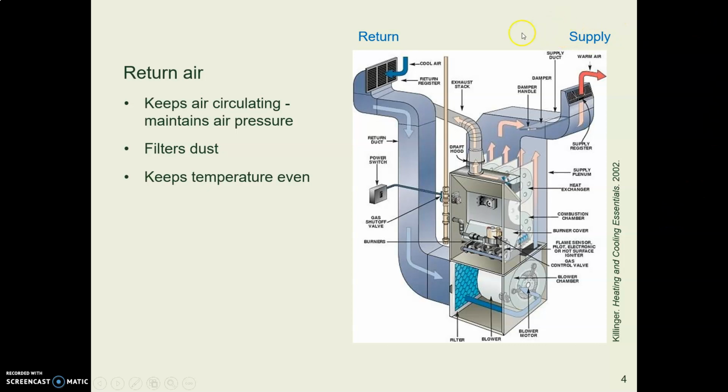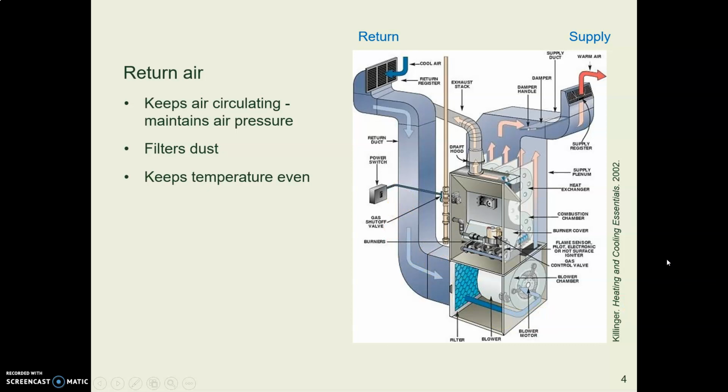Now that cooled off air gets pulled back in through the return, and it returns back to the furnace to get heated again. If you have a heat pump doing some cooling, you blow cool air into your room, it heats up in the summertime, and that heated up air comes back into the return and goes back into your heat pump to get cool again.